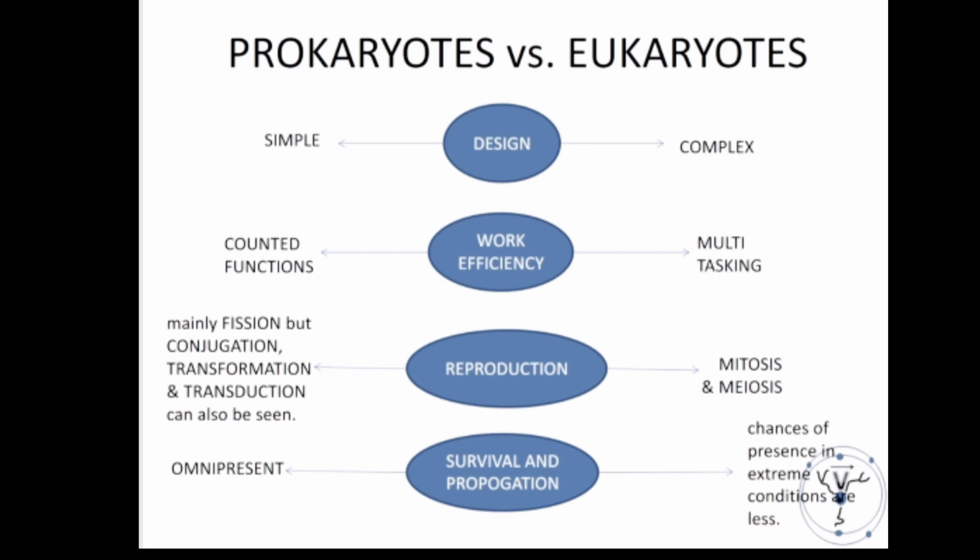While eukaryotic forms, though they are considered an advanced form of cellular model, are still lacking in extreme conditions. Many times we do not observe the presence of eukaryotic forms in extreme saline, extreme heat or extreme cold conditions, while this is not the case with the prokaryotic forms.